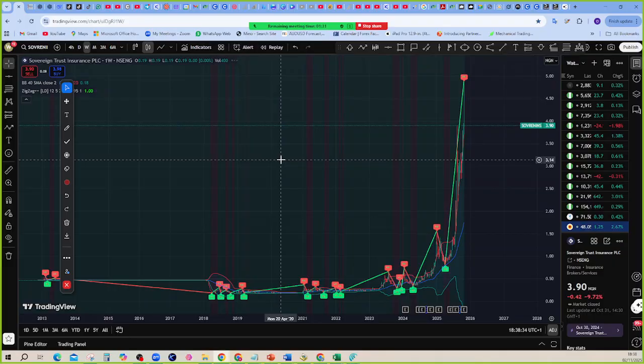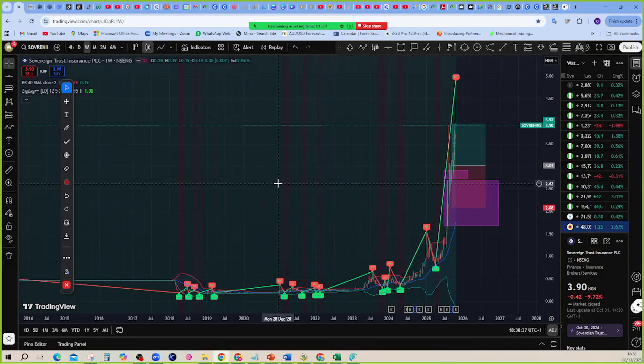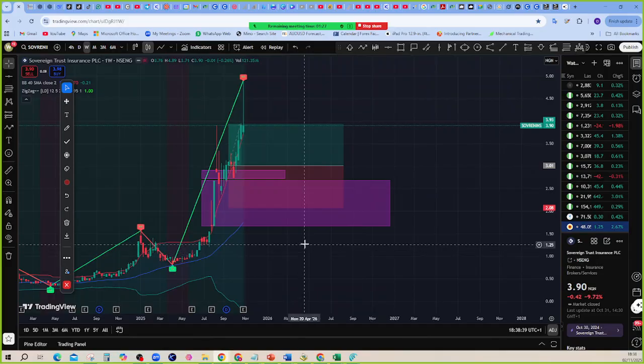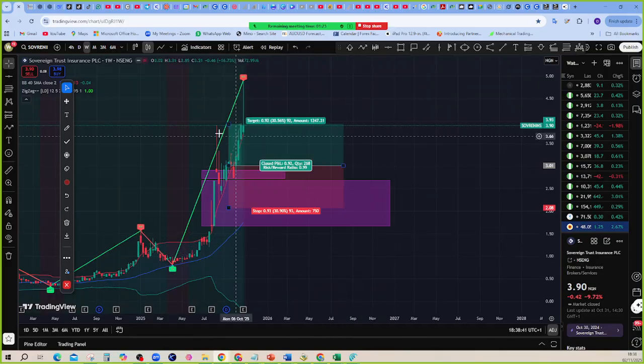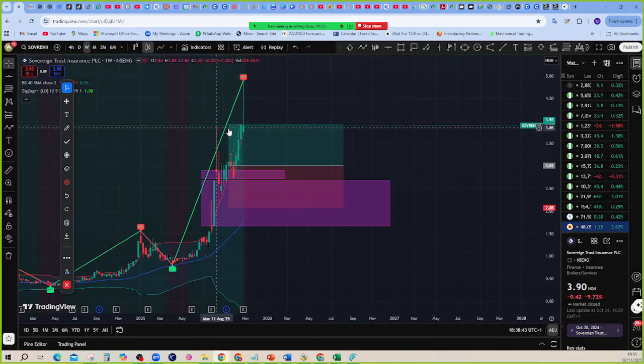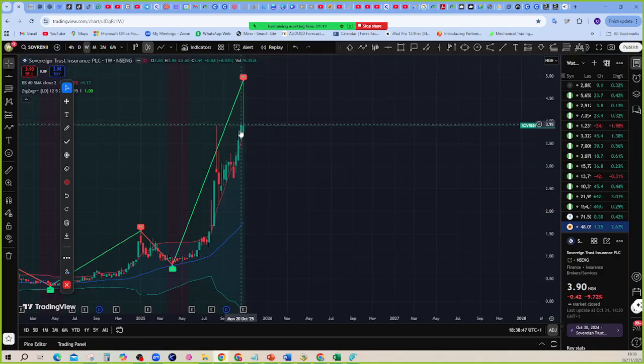Oh my God. See what happened to sovereign trust. Wow. Okay. This is a good ride, but see what is happening. Price is already outside of the Bollinger Band, meaning it's overbought. And last week we had a breakout, but this pullback is too much. That means sellers are really pushing it back down.